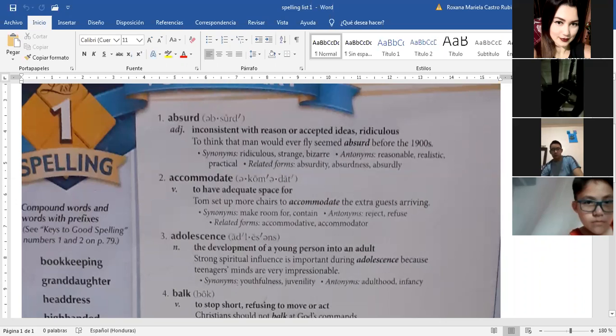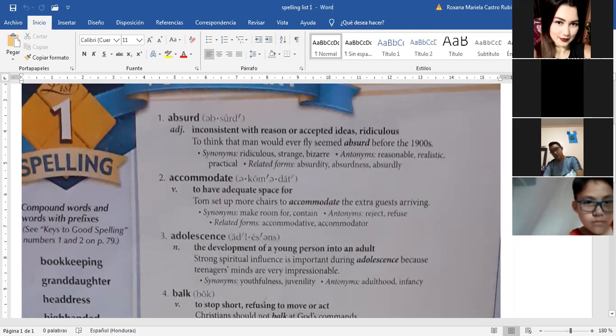Now, Jose, choose a word and tell me a sentence. The stadium of Honduras is made for accommodate at least 2,000 persons. Exactly. I love your sentences because your sentences are complex sentences. The stadium of Honduras was made or was designed for.